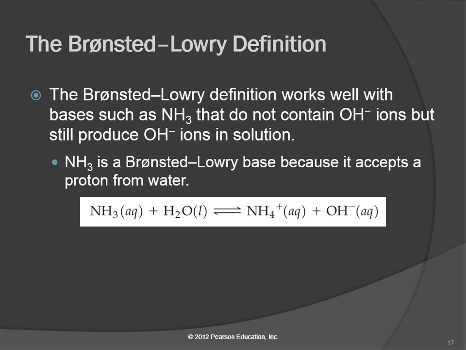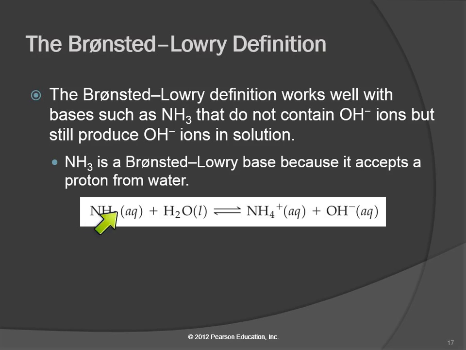The Brønsted-Lowry definition explains why ammonia acts as a base. When you put ammonia in water, hydroxide ions are produced, but NH3 doesn't have an oxygen in it. How can it produce hydroxide ions?